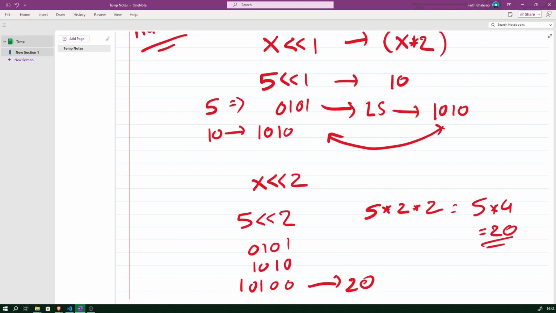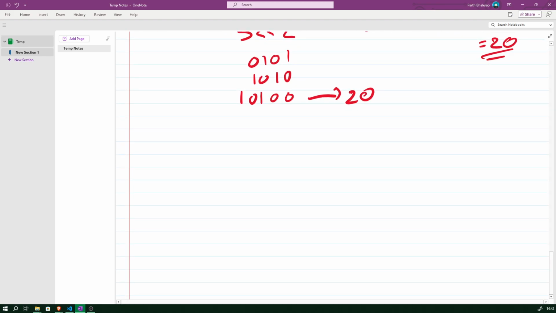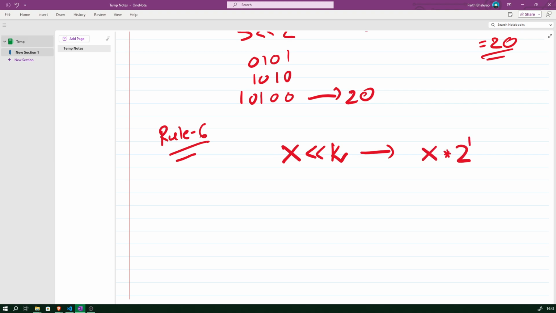So our rule 6 explicitly says that x left shift k is equal to x into 2 to the power of k. This is a very important property and I want all of you to remember this.